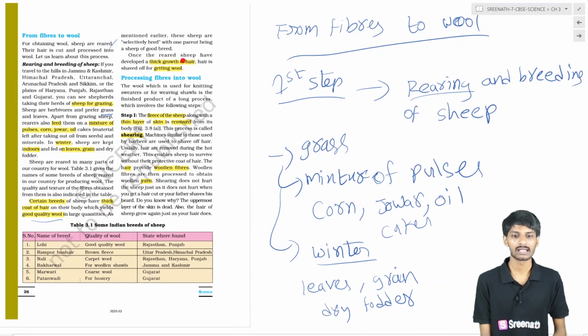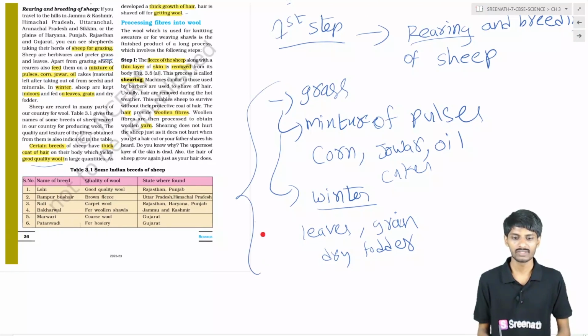Once the reared sheep has developed, the thick growth of hair is shaved off for getting wool. This is the process after feeding. After development, the hair is shaved off.